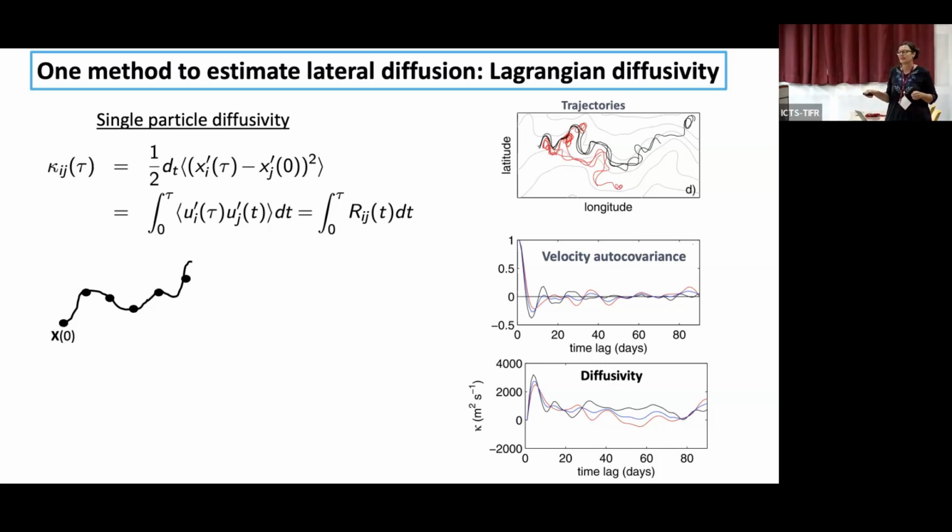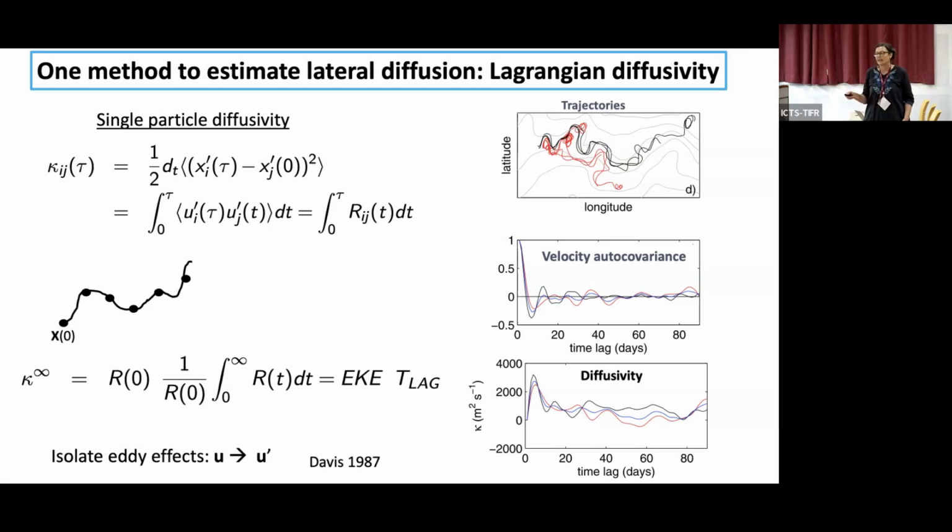Then your diffusivity from those single trajectories looks like this if you integrate it. Of course, you have to have a number of particles to average over. To have the diffusivity in the diffusive limit, you take this integral to infinity. In reality, you have finite time lags, so you have to have long time lags.